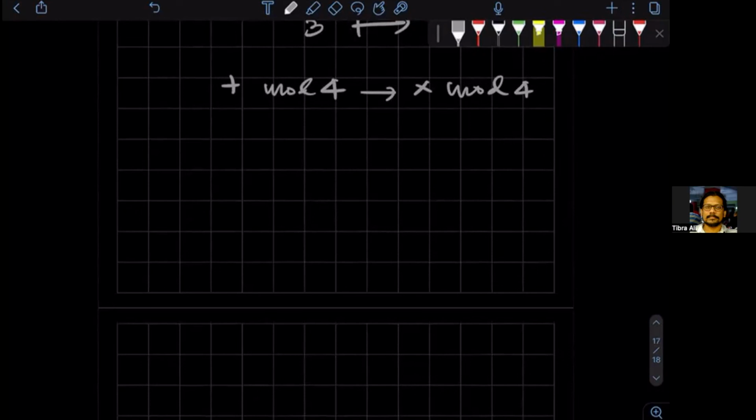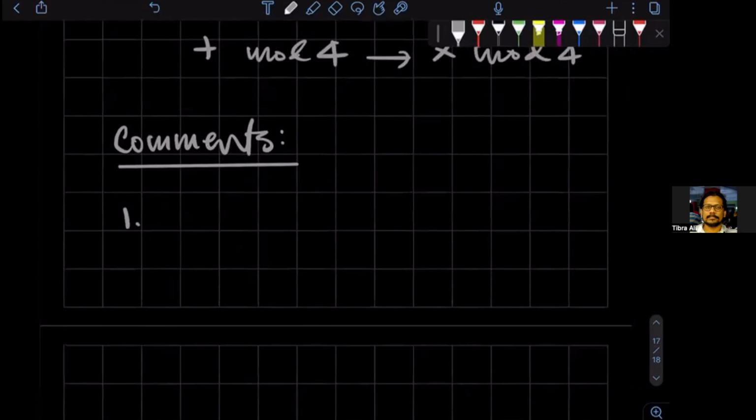Okay, let me just make a couple of comments. This is kind of a trivial example, but I think it's instructive, in that even here, we had to think a little bit. In a group isomorphism, number 1, the map is one-to-one and onto.